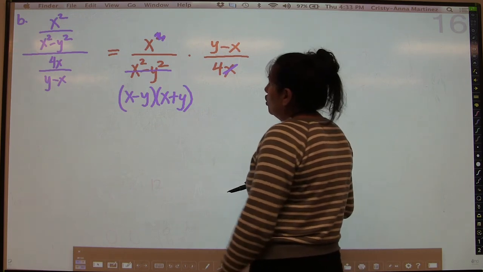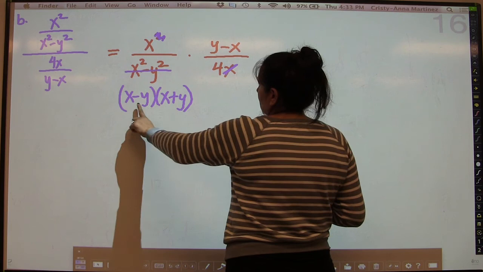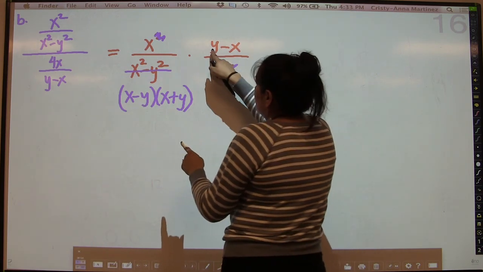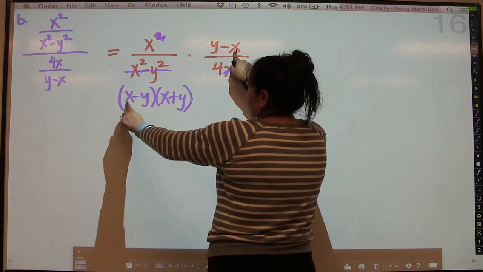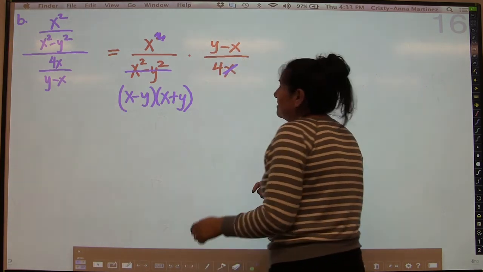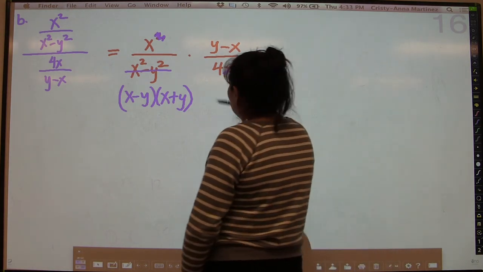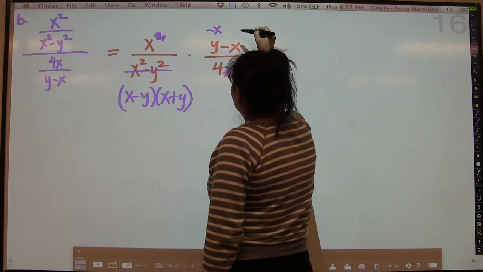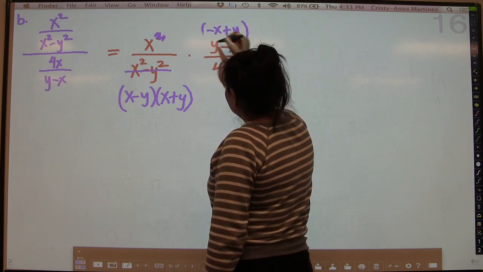And then you're looking at this y minus x, and this looks strangely like x minus y as well, but it's not exactly the same because you see the y is positive here, the y is negative there, the x here is negative, the x there is positive. So basically it's the exact same thing with the opposite sign. So what you can do there is you can actually factor out the negative, so rewrite these to put the x's first, so it would be negative x and then plus y instead.